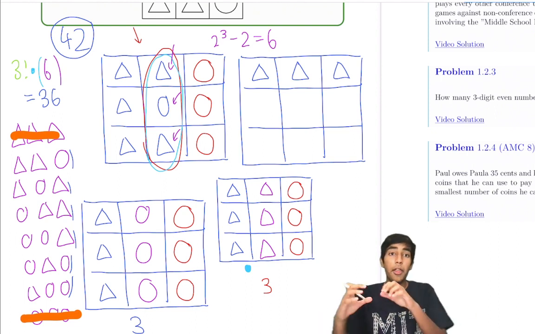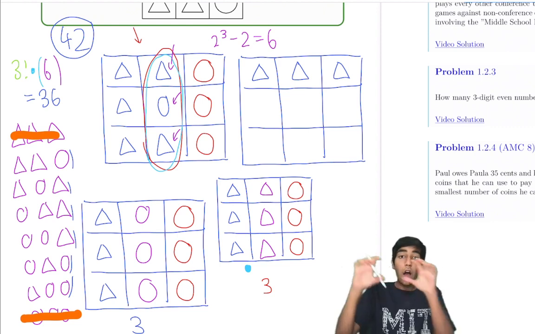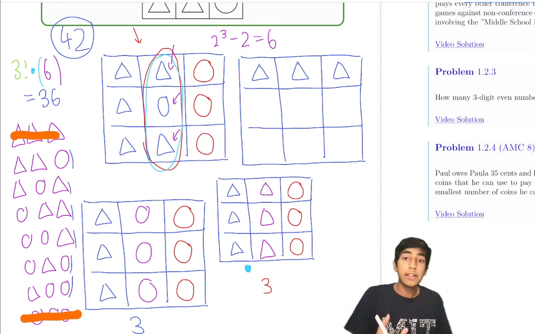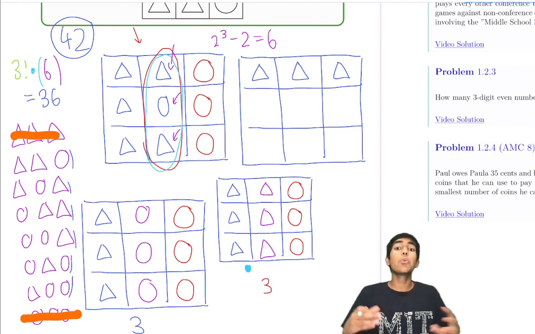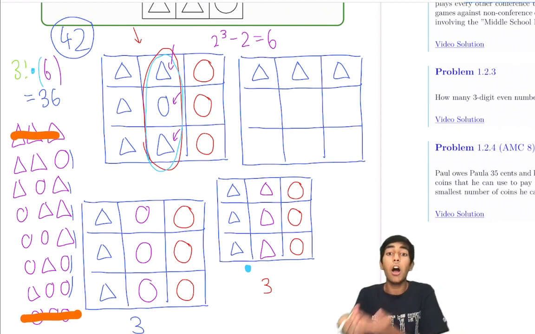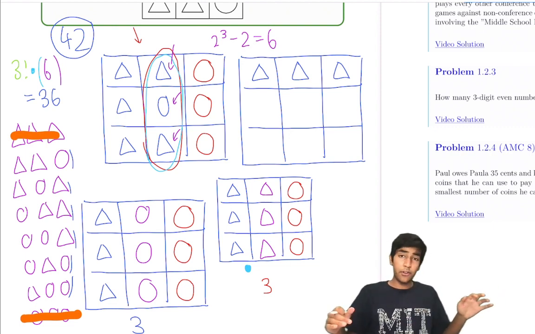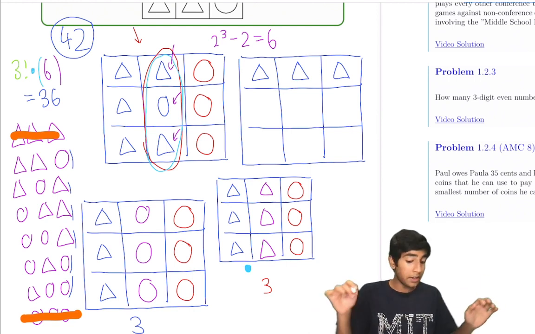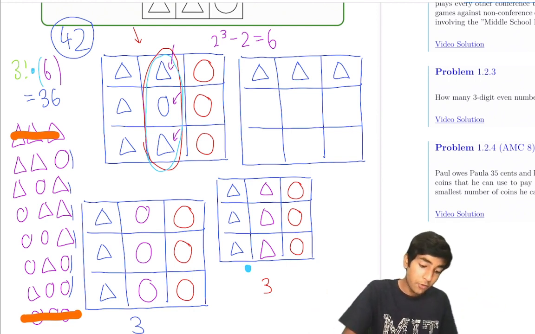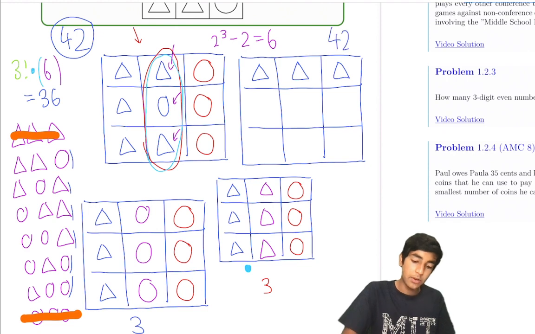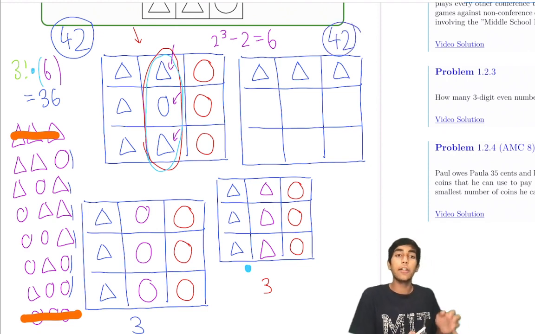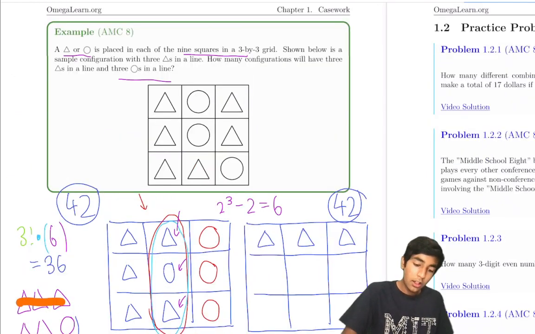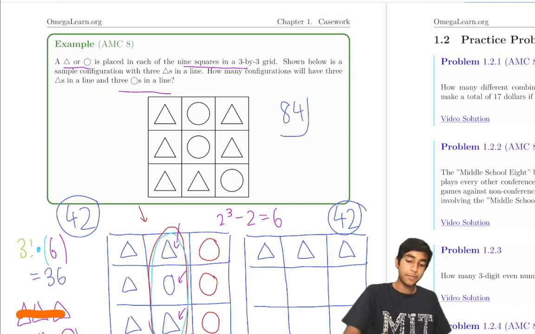It doesn't matter whether we're having 2 columns versus rows. They're the same thing essentially, because they're not going to produce different cases. It's a square. There's 3 rows, there's 3 columns. If it was a rectangle, that would be a different story, but it is not in this case. So it's just going to be 42 cases as well, by symmetry, if we have the 3 triangles in a row. So overall, it's 84, and that's our answer.